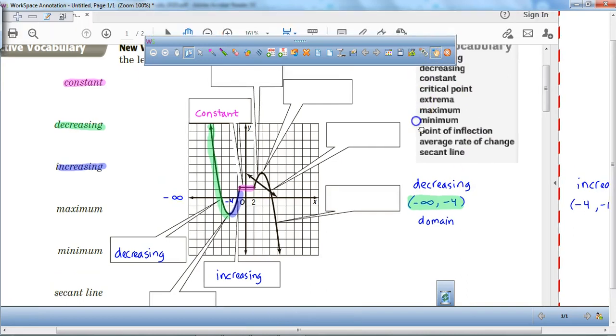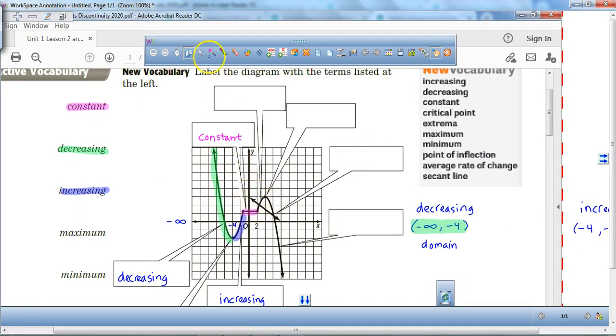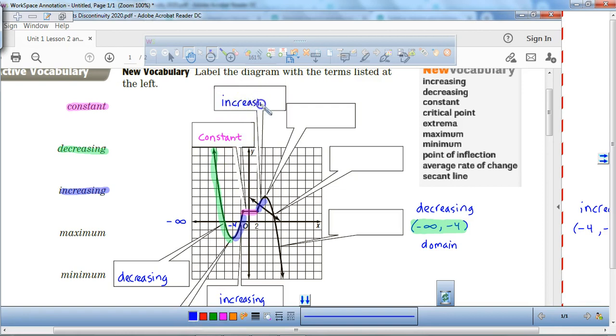Then we have another section right here that appears to be increasing once again. You're like, what? It has 2 answers that are the same? Well, yeah, if it's increasing, it's increasing. I don't care if they say you can't use the same answer twice.